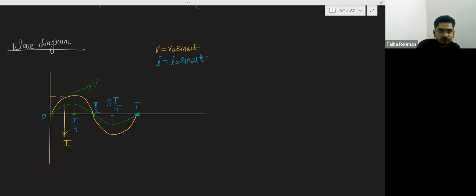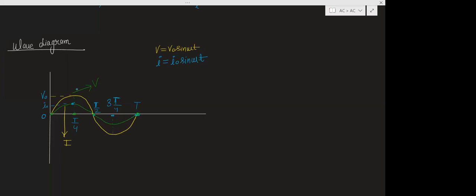So if you draw the wave diagram for the voltage, then it will be like this. Why will it be like this? Because here you will get the value of V naught, and here you will get the value of I naught. We know that V naught is greater than I naught.